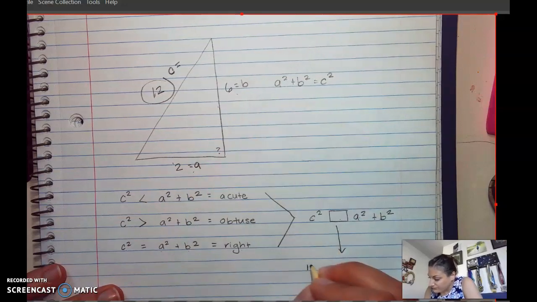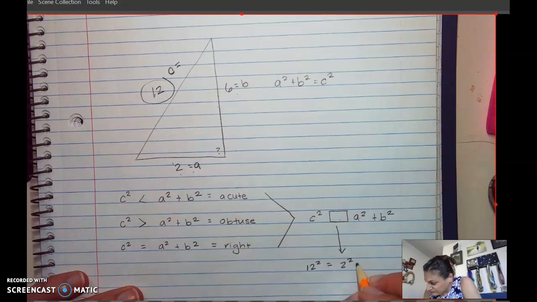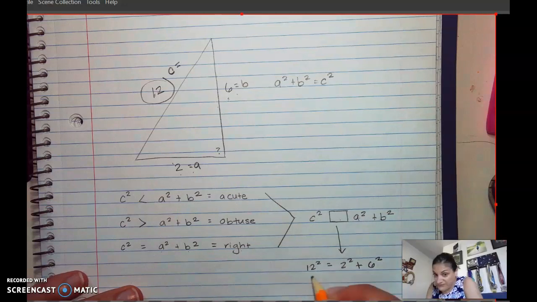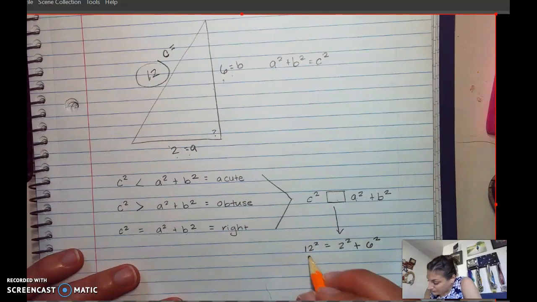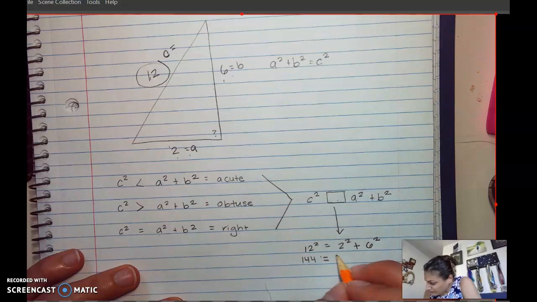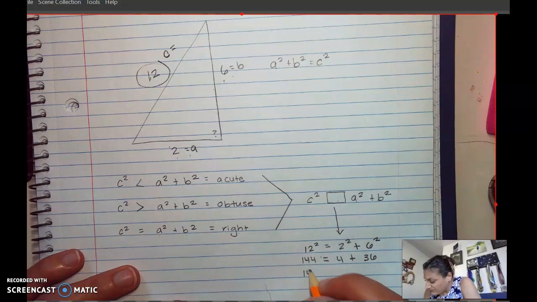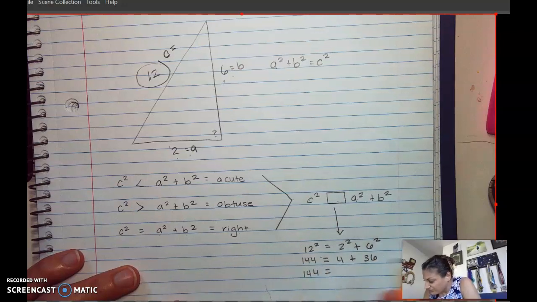So I have 12 squared equals or not equal to, we don't know, 2 squared plus 6 squared. I'm going to simplify these by squaring them. 12 squared is 144. 2 squared is 4, plus 6 squared, which is 36. You should probably be able to do this in your head as an estimation.